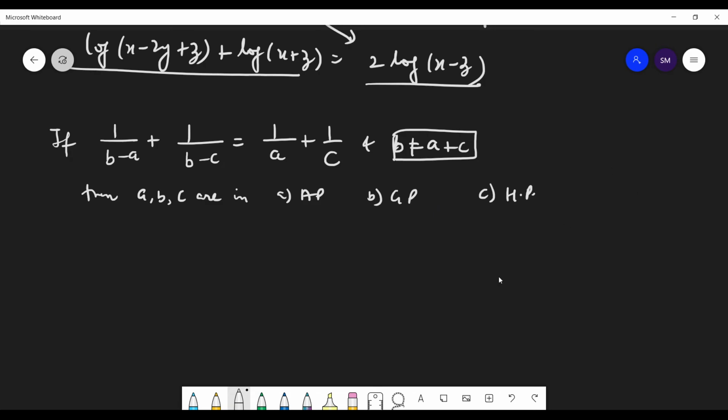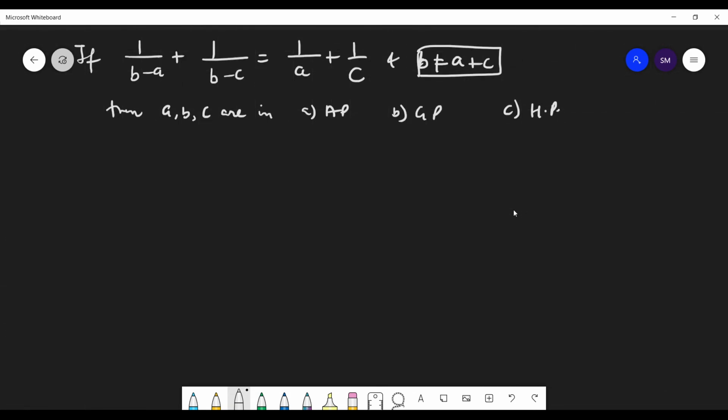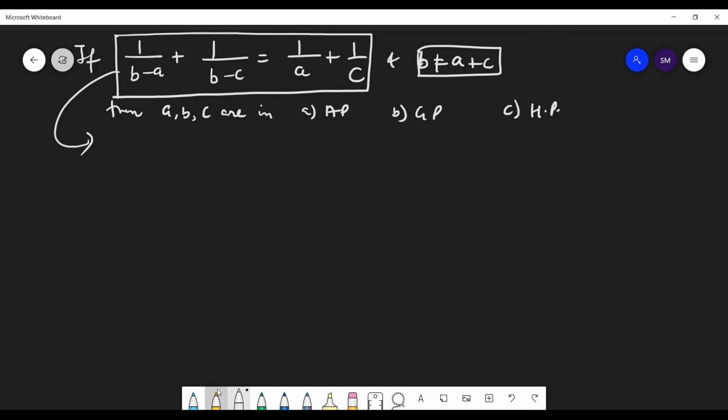So you have these three options. So this is given to you. So this is where you need to start with. You have no option but to solve it out, students. Come on, let's solve it.